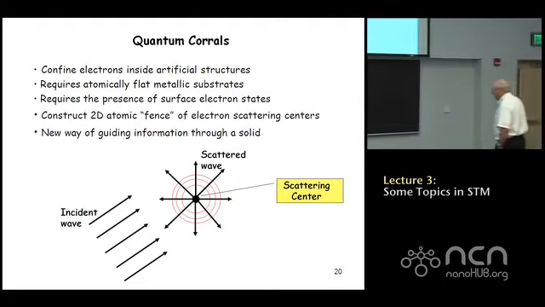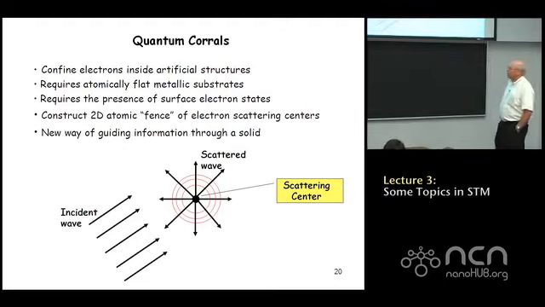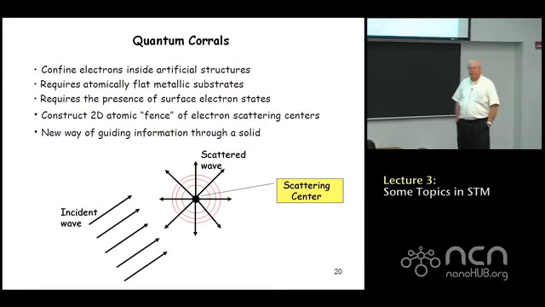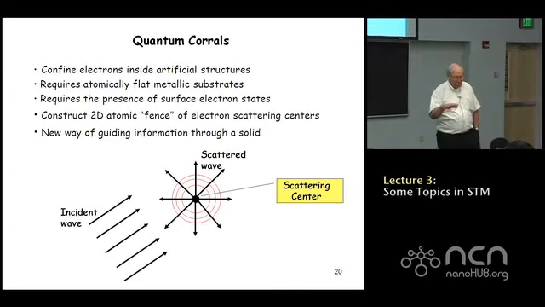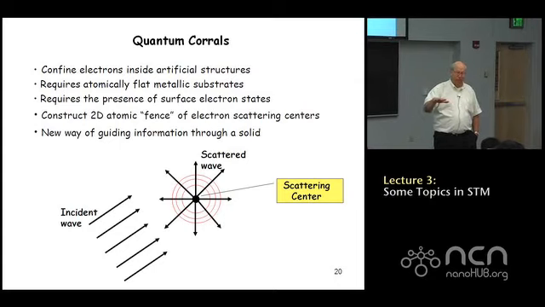The corrals usually are constructed on atomically flat metallic substrates, right? So the substrate has to be metallic and it has to be flat. The essence of a quantum corral is an electron state that is localized on the surface of the metal.